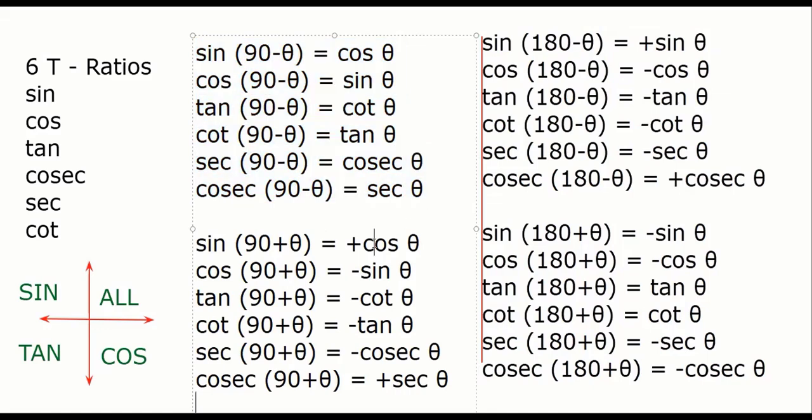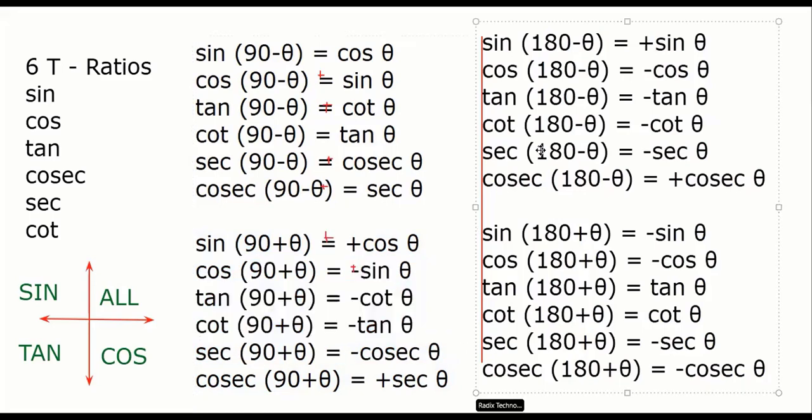Correct? Go to this one, 90 plus 30, which is 120. It will be the second quadrant. Second quadrant, only sine is positive. So sine and cosec are the only ones positive. The remaining four are negative.